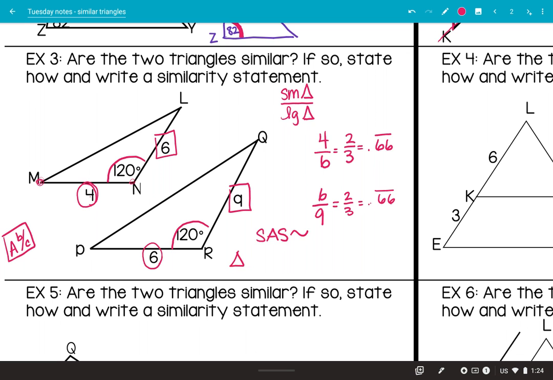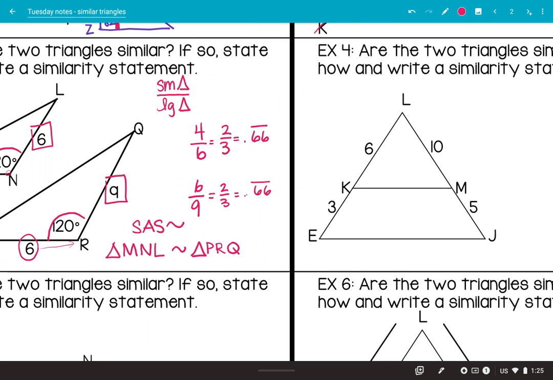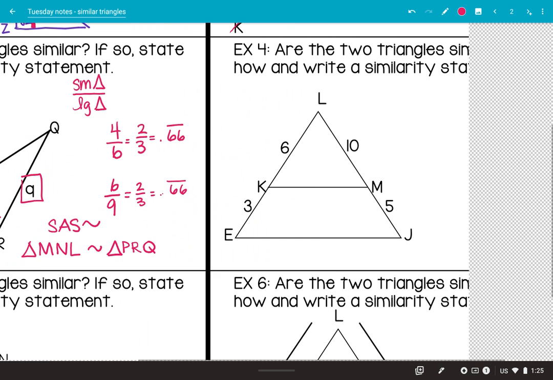I'm going to go to my 120 degrees, so that's M, N, L. And I'm going to start with my small side going to the 120, so P, R, and the side on the large. Okay. If these numbers were not the same, then we would just write not similar.